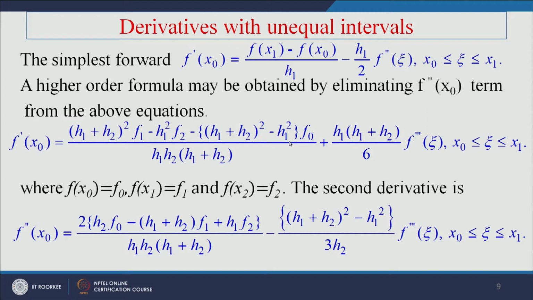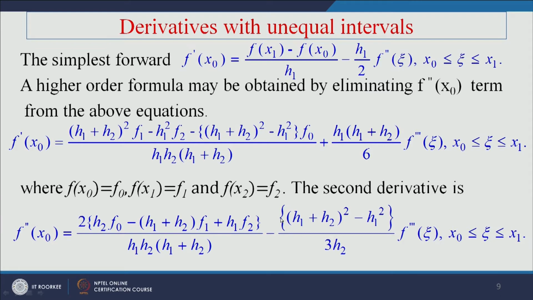And if you see, this error term contains only f triple dash zeta, since we have eliminated f double dash of zeta from this term, where we denote f0 as f of x0, f1 as f of x1, and f2 as f of x2.